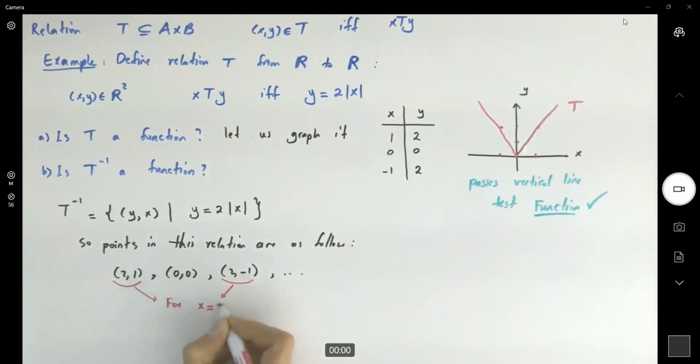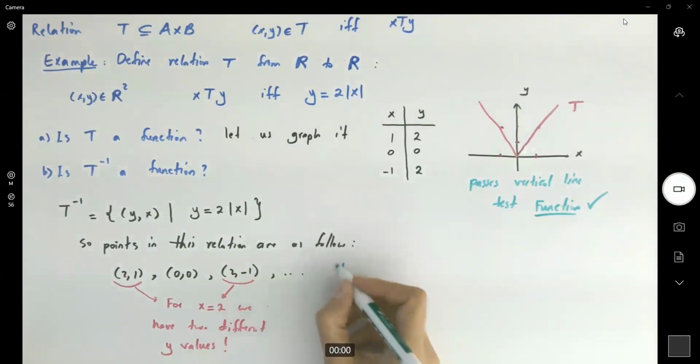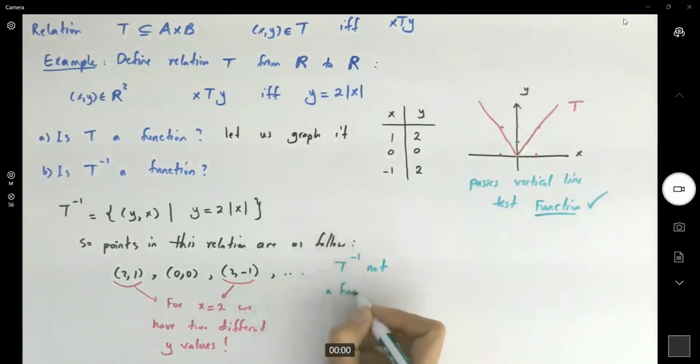For X equals 2, we have 2 different Y values. So what's the meaning of that? It means that it's not a function. Inverse T, not a function.